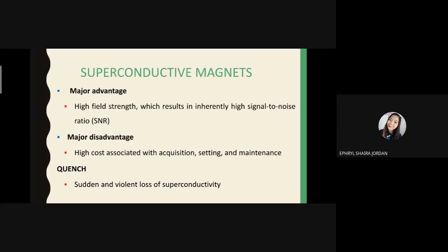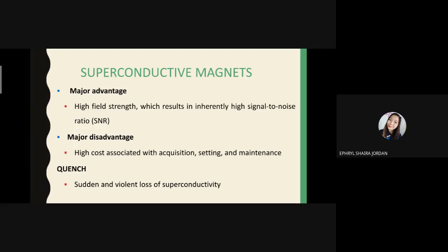The major disadvantage of the superconductive magnet, of course, is the high cost associated with acquisition, setting up, and maintenance, because this type of system needs cryogen. Cryogen is not cheap if you're going to buy it.